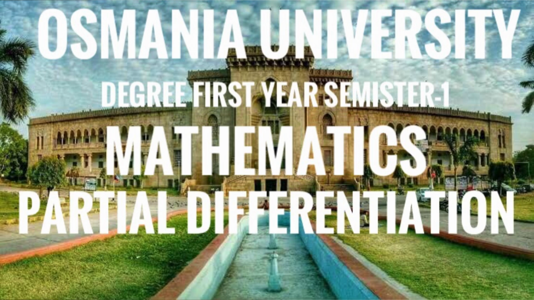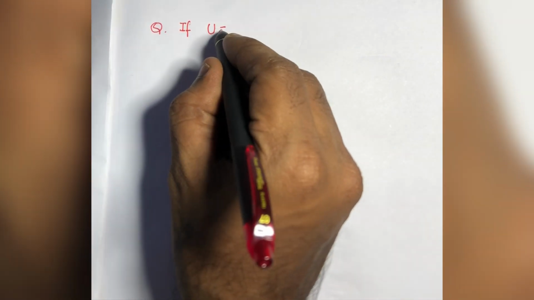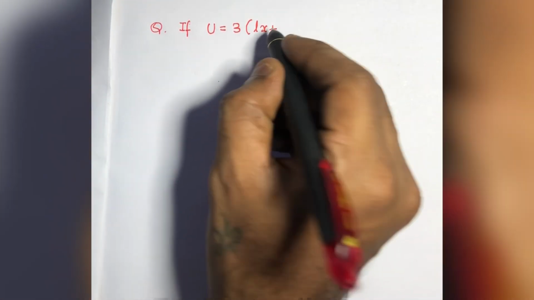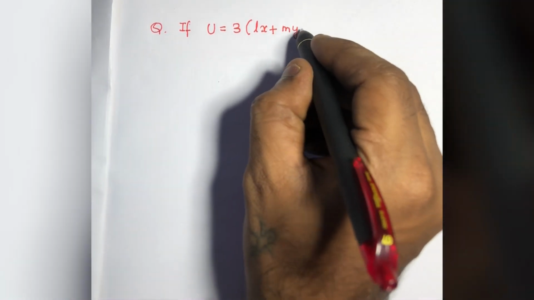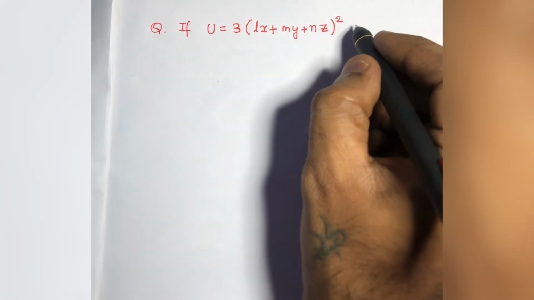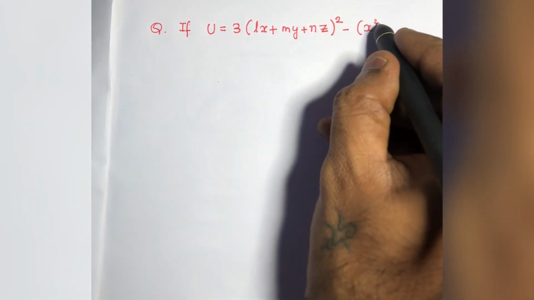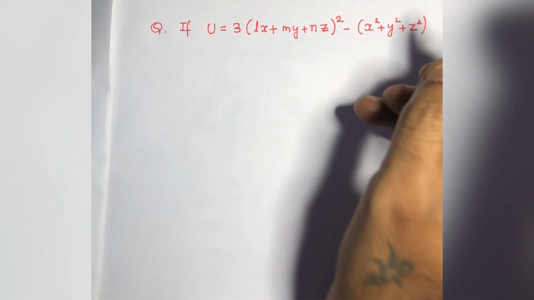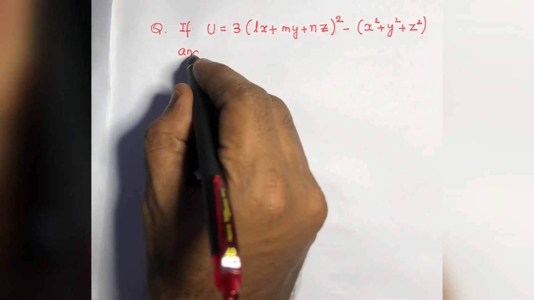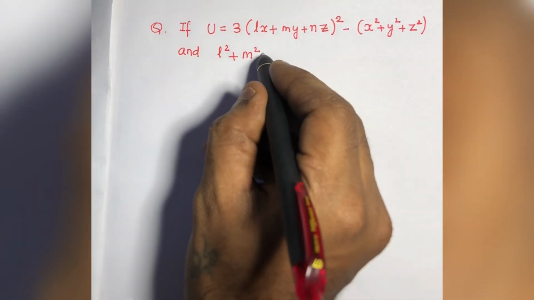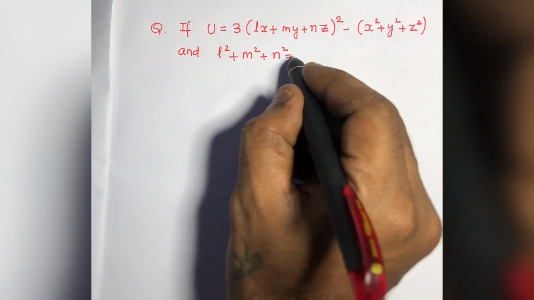Now the question is, if u is equal to 3 times (Lx plus my plus nz) whole squared minus (x square plus y square plus z square), and L square plus m square plus n square is equal to 1.